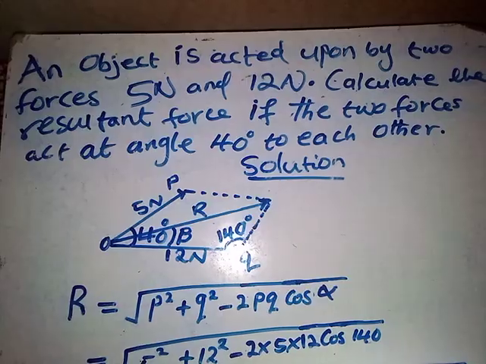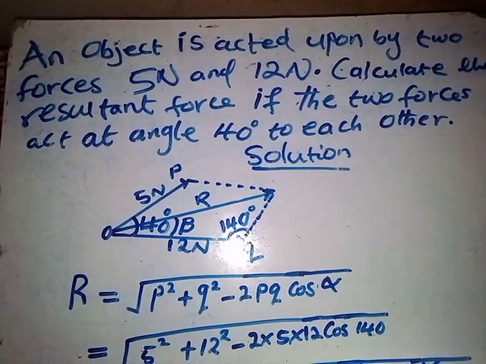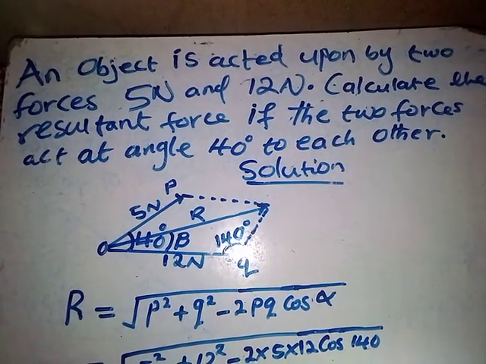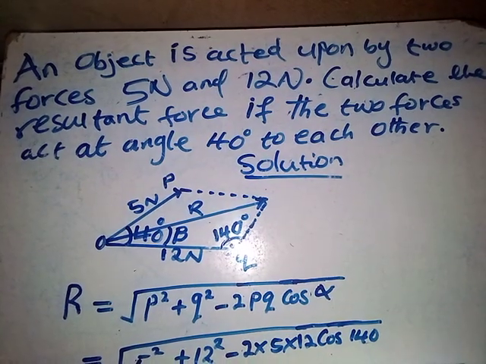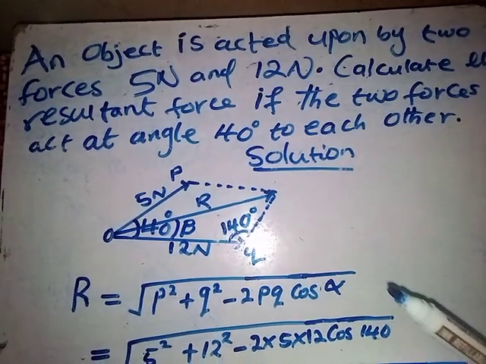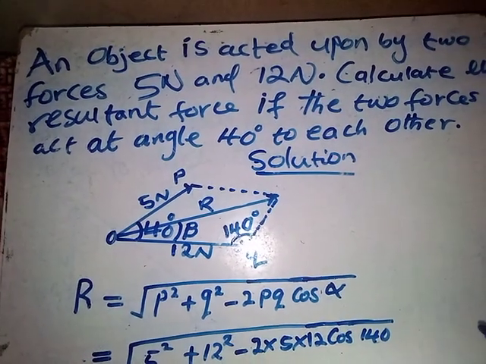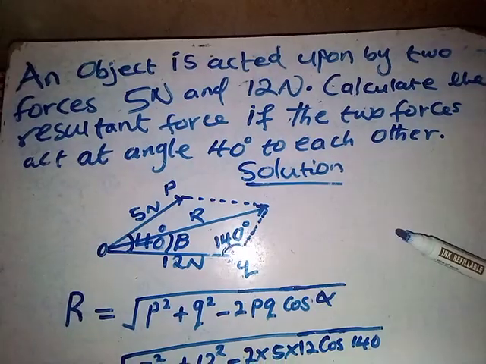So the approach is different. When it is 90 degrees, we use Pythagoras' principle, but now the angle is less than 90, so we are going to use a different approach. Here we are going to apply the cosine rule to find the resultant, then the sine rule to find the direction. All right, so let's go.